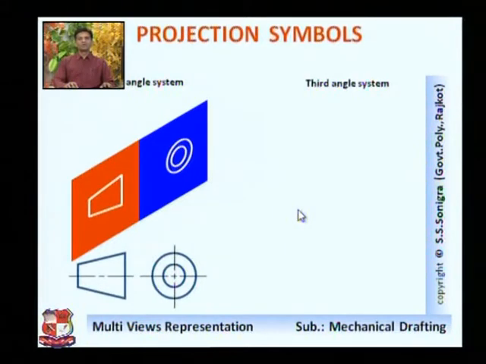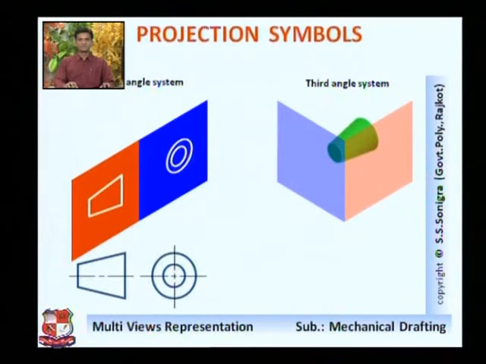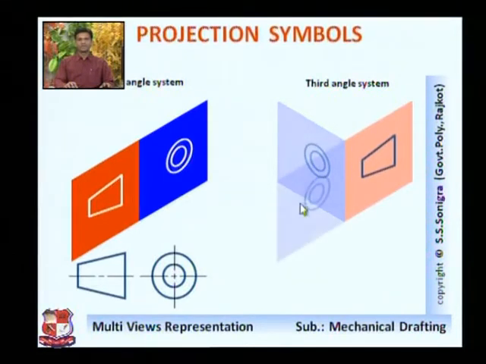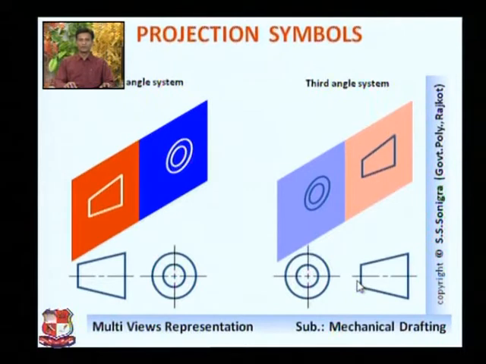Now think about the symbol of the third angle projection method. Say we assume the same frustum is lying in the third quadrant. If we draw its projection, these would be two views, front view and side view. Now if I open it, it would appear like this, and this would be its symbol.